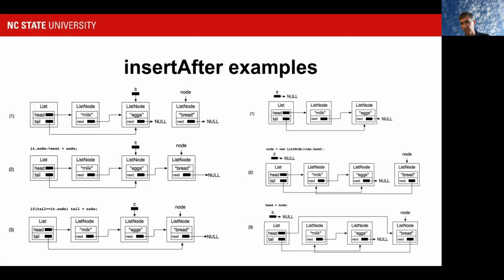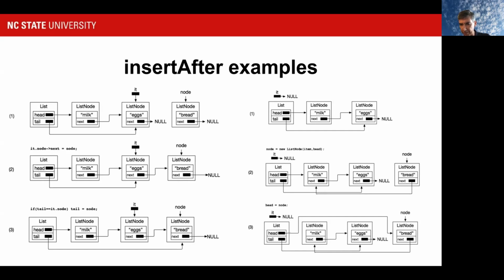So I have this new node, and then what I need to do is set head equal to node, and set its next pointer equal to the current head. And you'll note that I can actually achieve setting the next pointer using the constructor of the list node object. So I just pass in the current head value as the second parameter to list node, and that sets its next pointer to point to the milk.